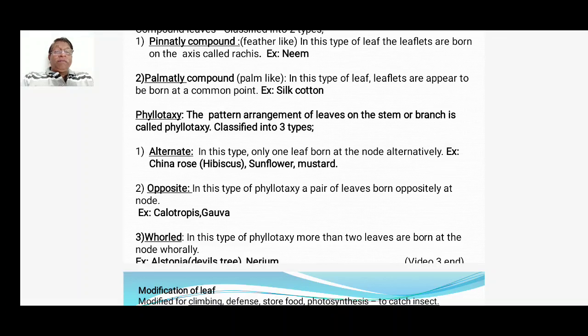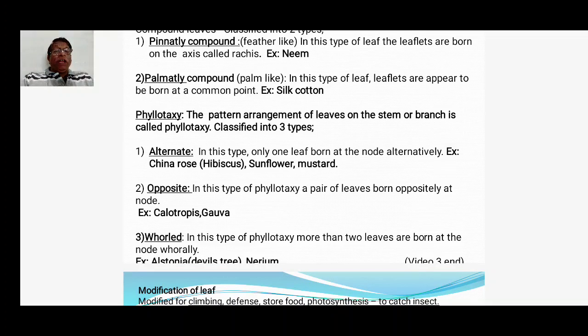Opposite phyllotaxy. Calotropis, you have seen the erukku plant. In this type, a pair of leaves are born oppositely at the nodal region.